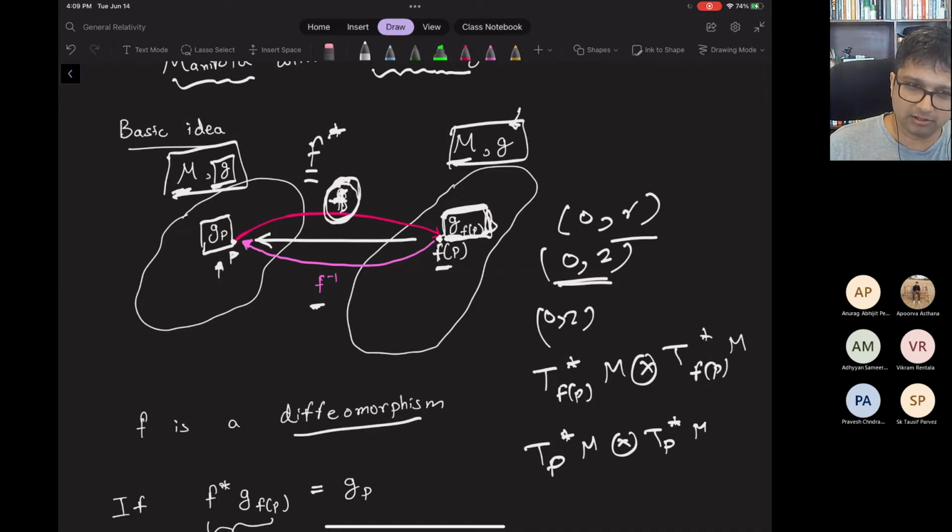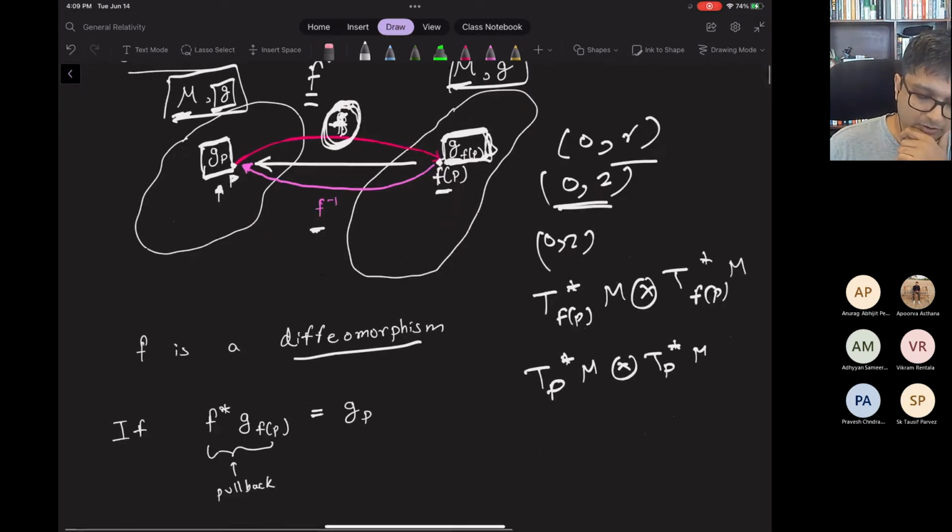In general, the tensor that we get after pulling back will not be the same as G_P. We'll get a different tensor. However, for special classes of transformation F, those two things will be exactly the same.